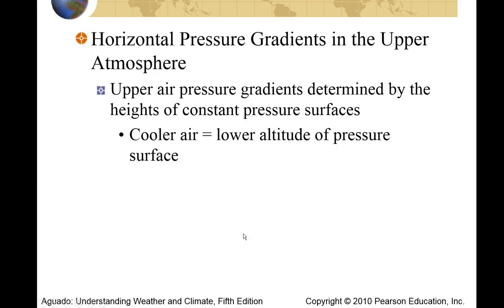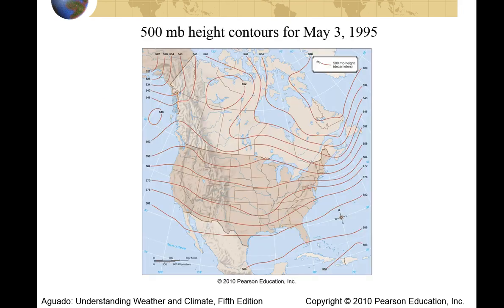So horizontal pressure gradients in the upper atmosphere become important because they really begin to show how the atmosphere is connected three-dimensionally. And so I'm going to go straight to the map to show you. We often look at what's called the 500 millibar surface. And under the 500 millibar surface, we can look at the altitudes, and the numbers on this map here over Cuba say 588.